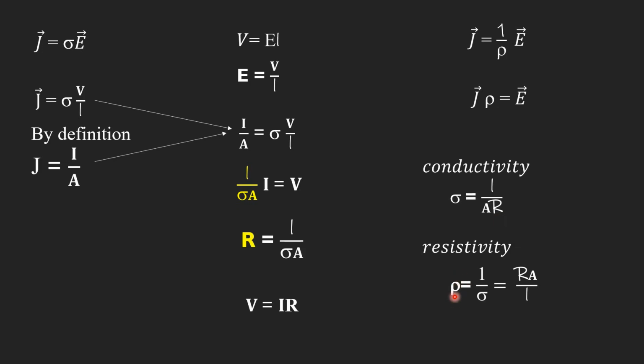So I can write J is equal to 1 by rho into E. This equation is altered, and multiplying this rho with J vector, I can have J into rho is equal to E. Okay, so conductivity is defined as L by AR, and the resistivity rho is the reciprocal of conductivity, therefore I can write RA divided by L. So these two are the important relations between the area, the resistance and length of the conductor, which are connected with resistivity and conductivity. Okay.